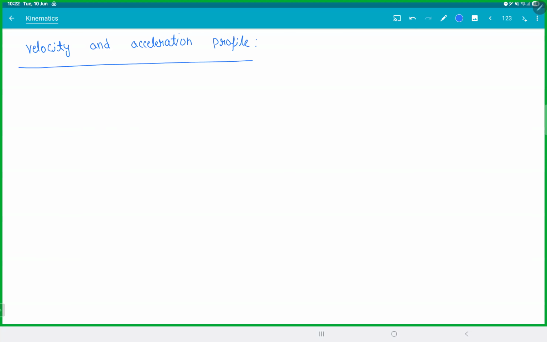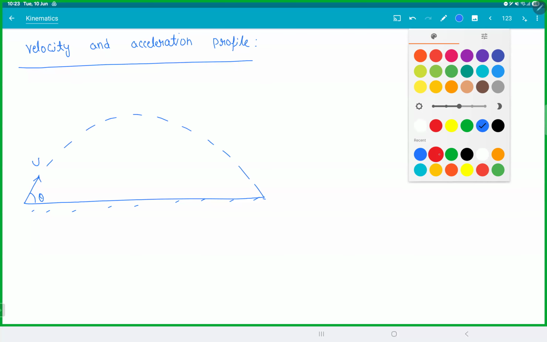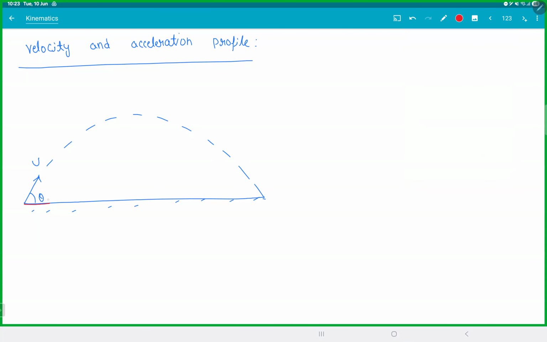So how do the velocity and acceleration change as the particle is flying? When you projected the particle with u and theta, it is going in a parabolic path. Now, if you look at the velocities here, this is your vertical component, u sine theta.